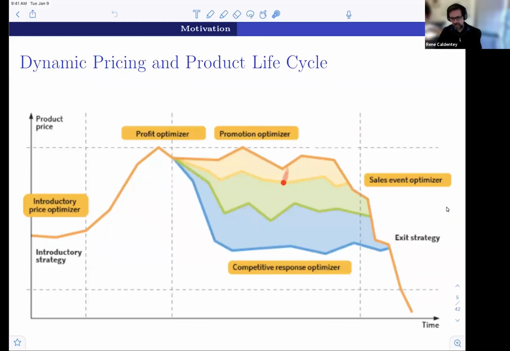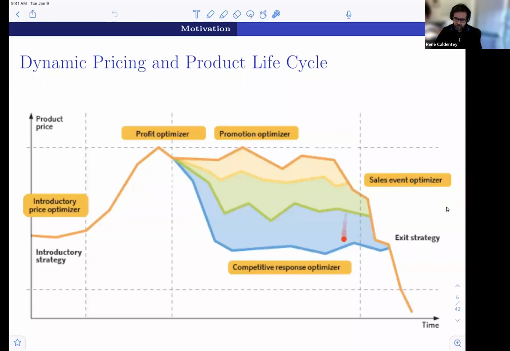So there's a range here of different possible price paths, and this in many ways depends on the type of product and how much the market values those products. Good products can sell at a higher margin, low-selling items will need to be sold at a discount, and there are adjustments that need to be made as a function of the prices you have and other factors, like competitive prices in the marketplace.